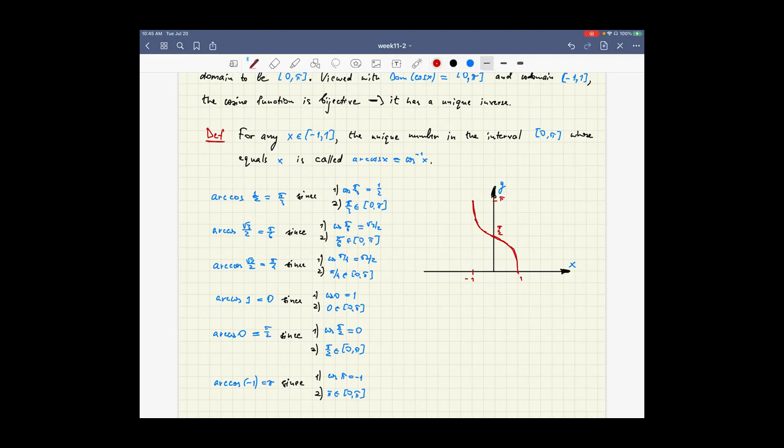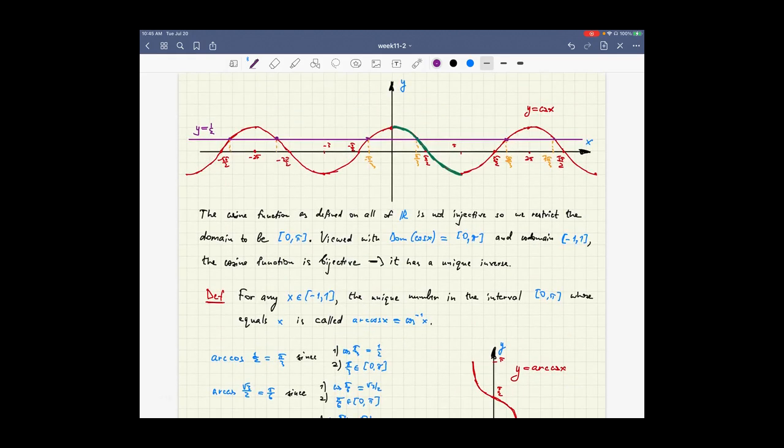Anyway, this is the graph of arc cosine x. And the interesting fact here is that it's neither even nor odd. Cosine is even, but arc cosine is not even, unlike the correspondence between sine and arc sine, both of which are odd.